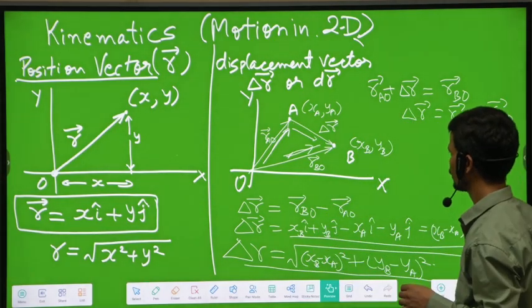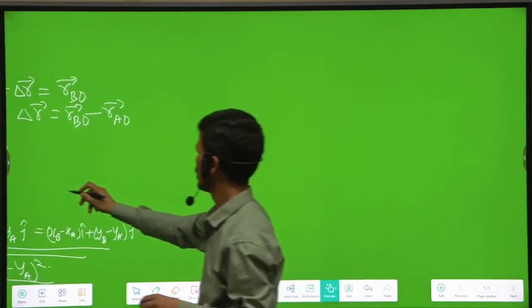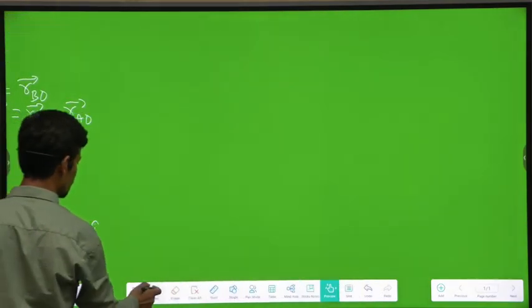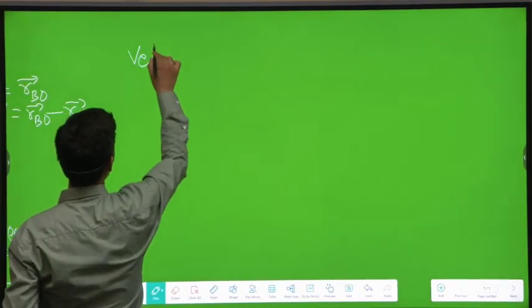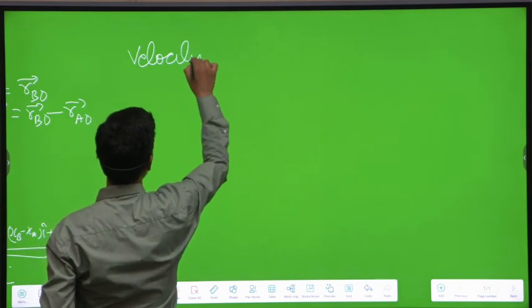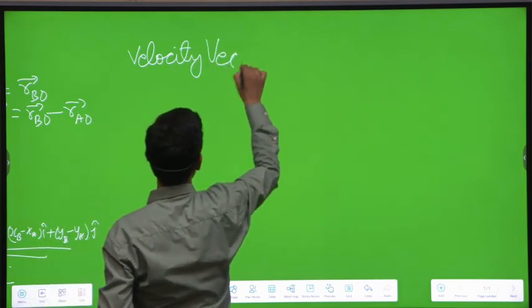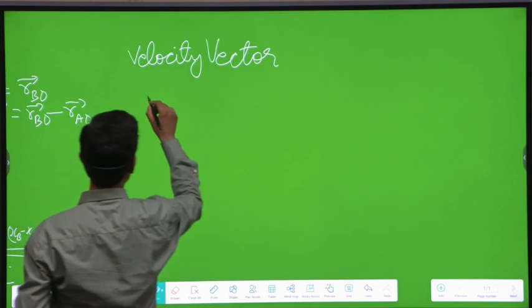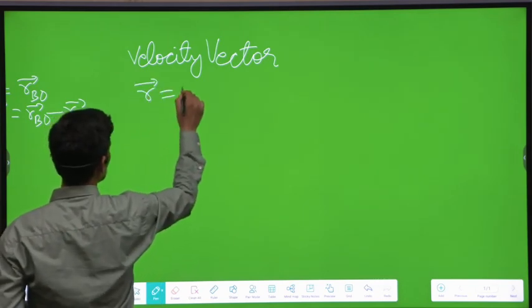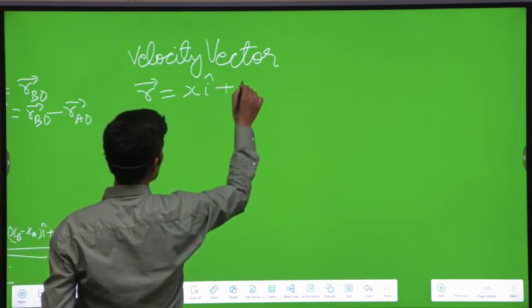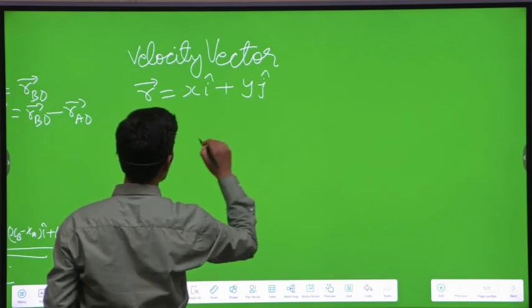Okay, moving on. Now velocity vector. So let us suppose this is the position vector x i cap plus y j cap.